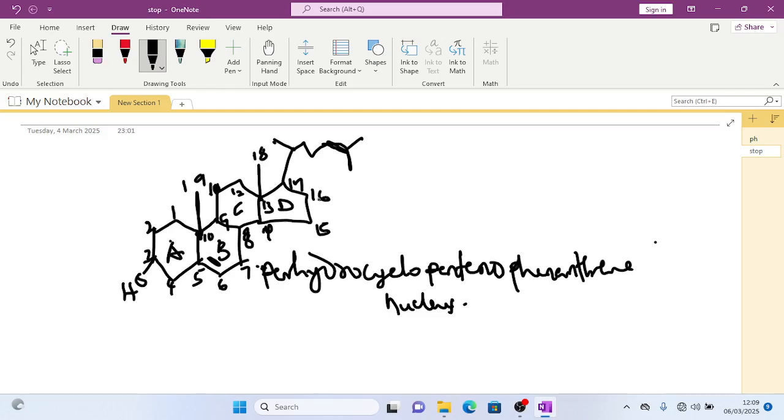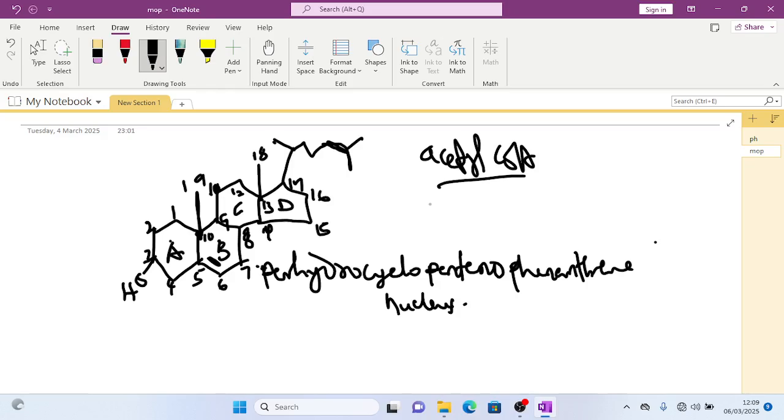Cholesterol is usually synthesized primarily from acetyl-CoA. Acetyl-CoA is the raw material required for cholesterol biosynthesis. What does that inform you?